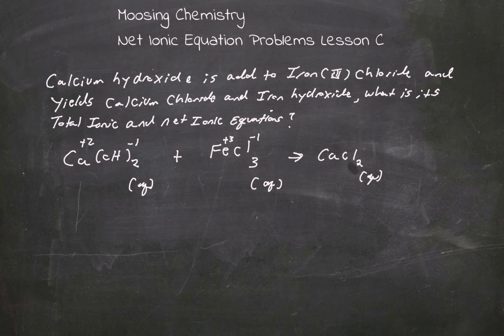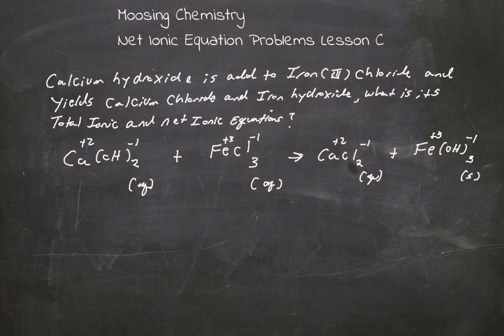How to get a 2 there? Minus 1, plus 2, our oxidation numbers. Plus iron hydroxide, so if that was iron 3, this is a plus 3 here, minus 1, so this has to be a 3 here. And of course, iron hydroxide is a solid.